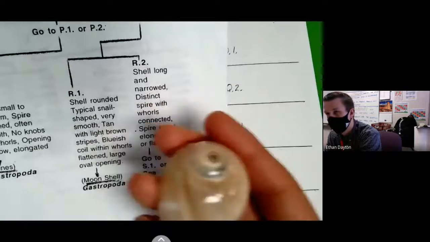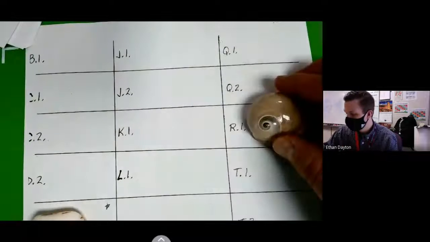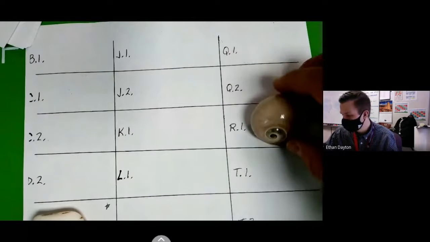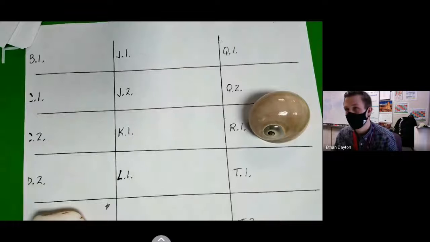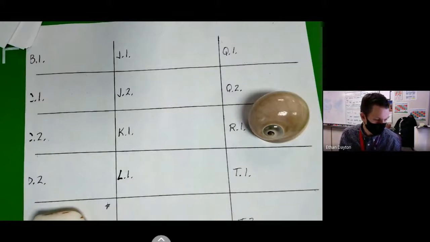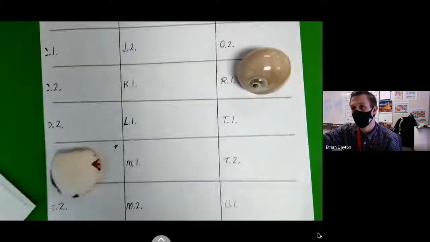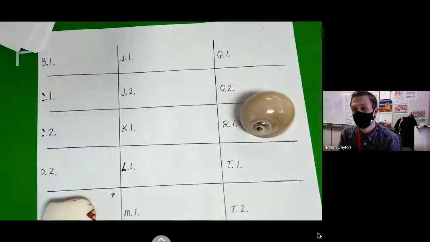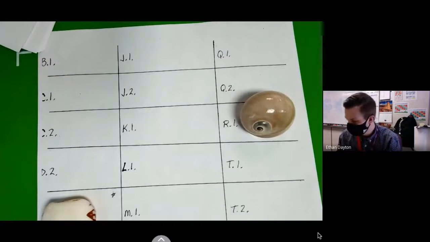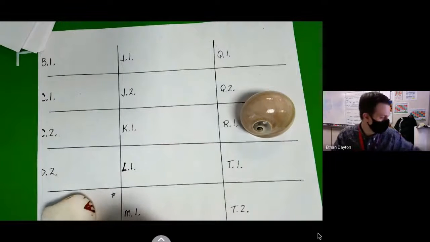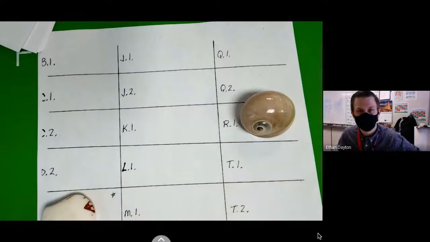So in R1, you can type moon shell. If you'd like to now go to Google and type that in, you could get a picture of a moon shell if you'd like and put that in R1 on your sheet, okay? Shell bingo, we're getting there. All right. I'll give you some time to type in moon shell.